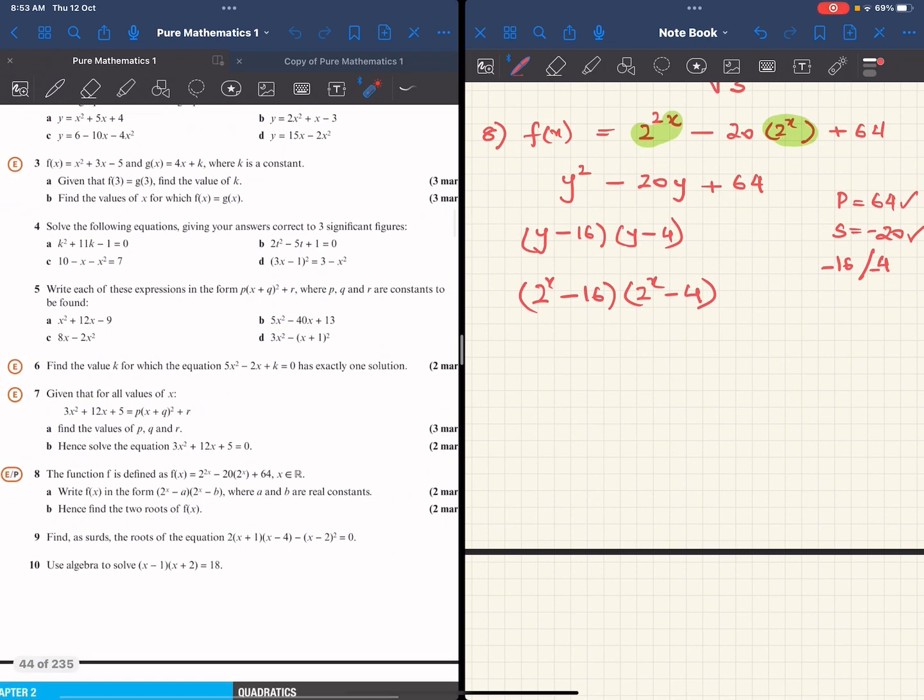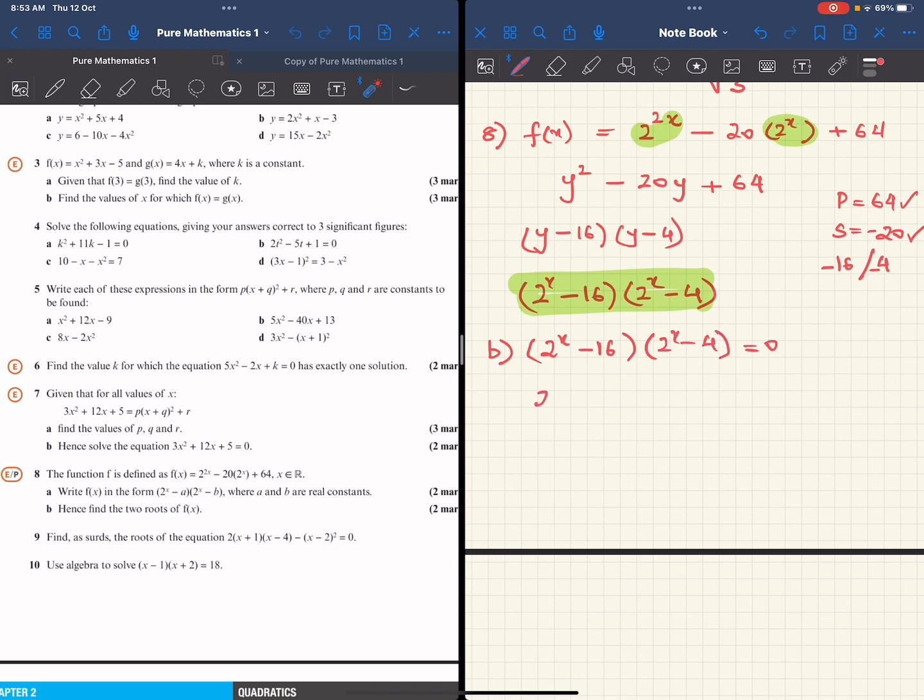Now part B says, hence find the roots of f of x. In order to find the roots, we always equate our quadratic to 0. Now when it says hence find, which means we need to use the answer of part A. So answer of part A now represents the expression, and I equate it to 0 in order to find the roots.